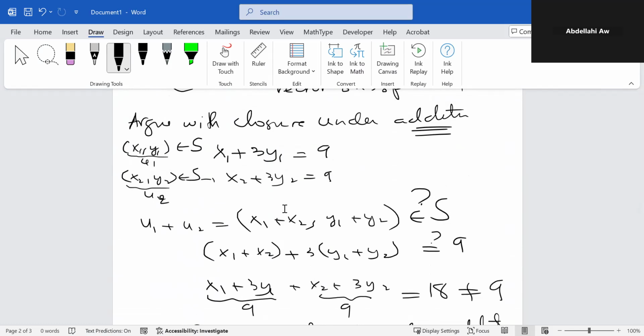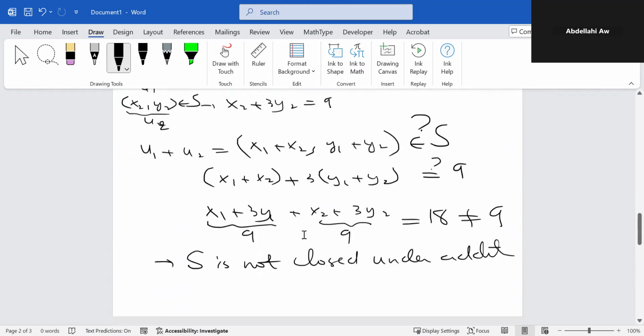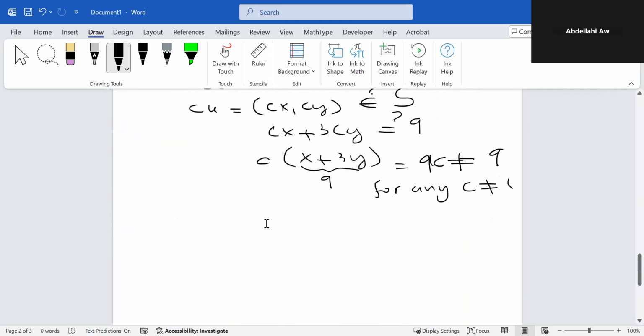Although you don't have calculations, I might argue it's a little bit harder in a sense, because you have to present your argument very clearly. So here S is not closed under multiplication by scalar.